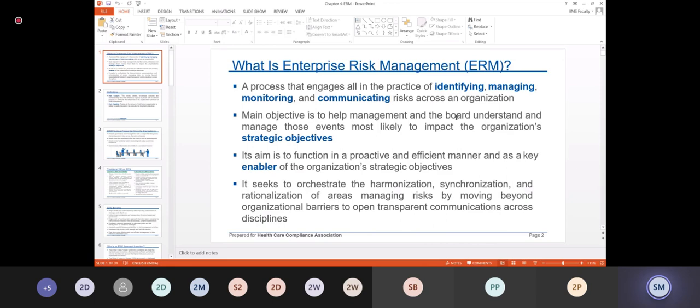Benchmark both inside and outside the organization. Now this is the components and step one.